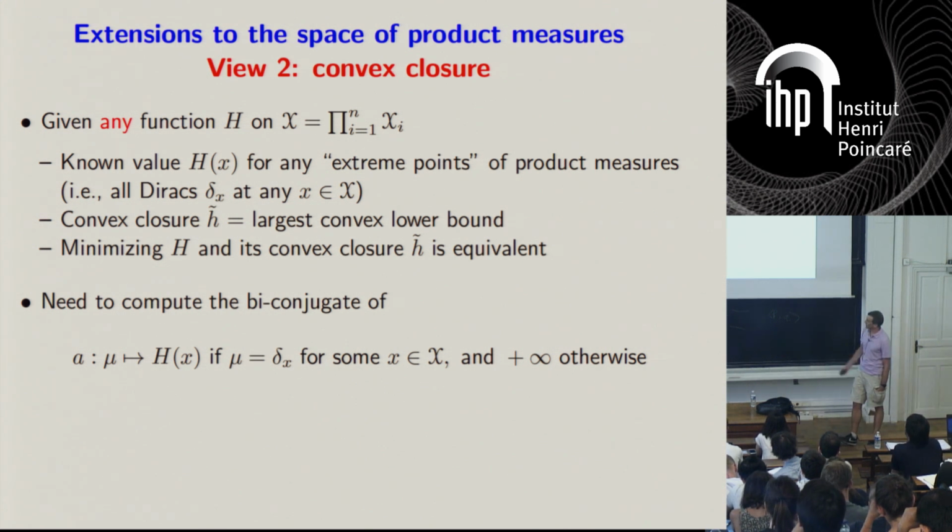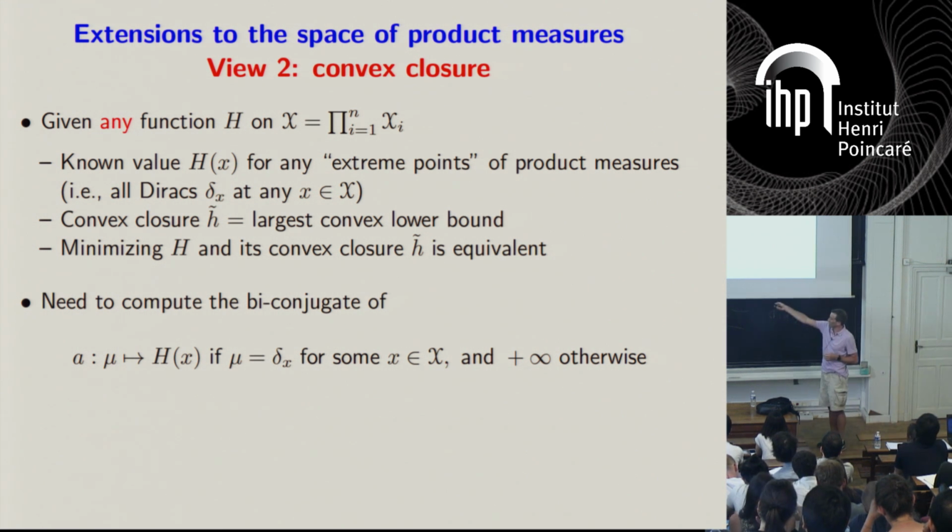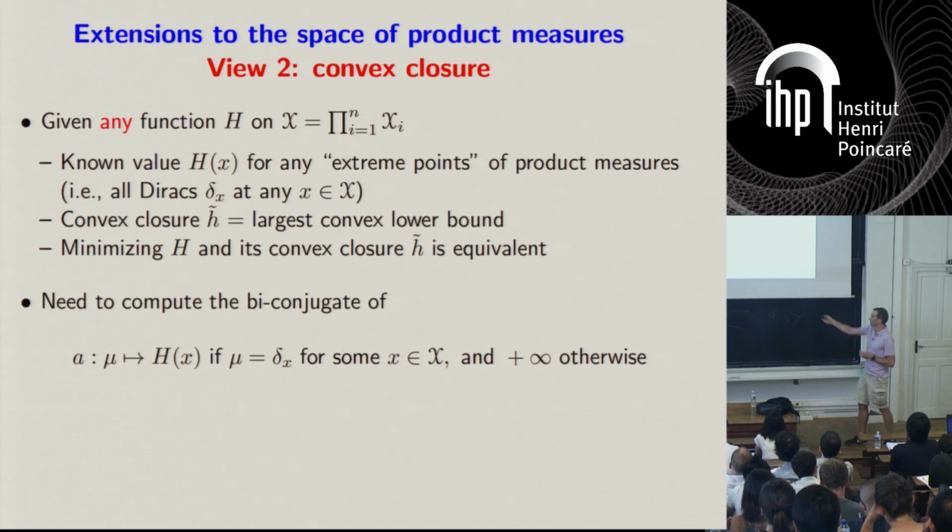So define the function A, which is equal to h of x if you are a Dirac, and infinity otherwise. I'm only constraining my function to have specific values at the given points. So for every Dirac, remember I want to define a function of all product measures by imposing that it is correct, or as close as possible, to h of x on the Diracs. So I'm defining A like this, and now I can simply compute the biconjugate, and I'm done.